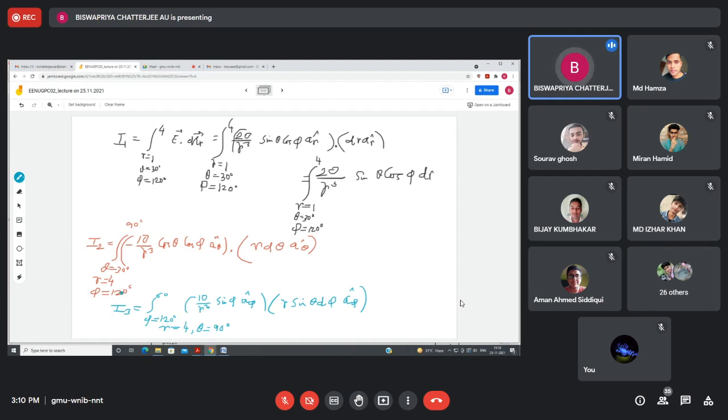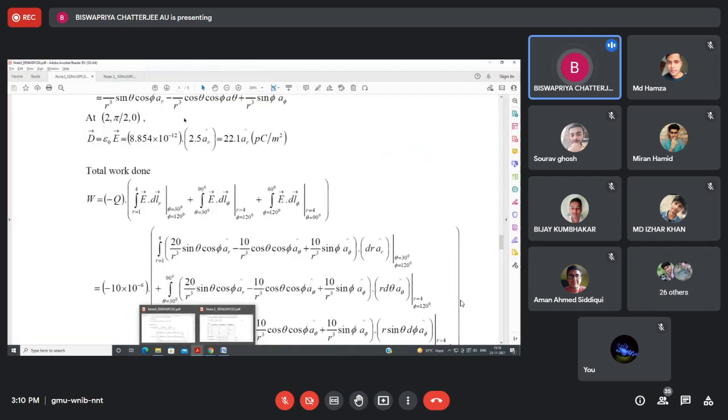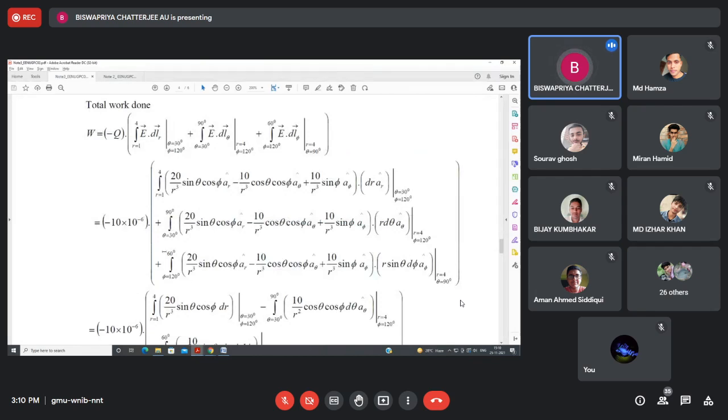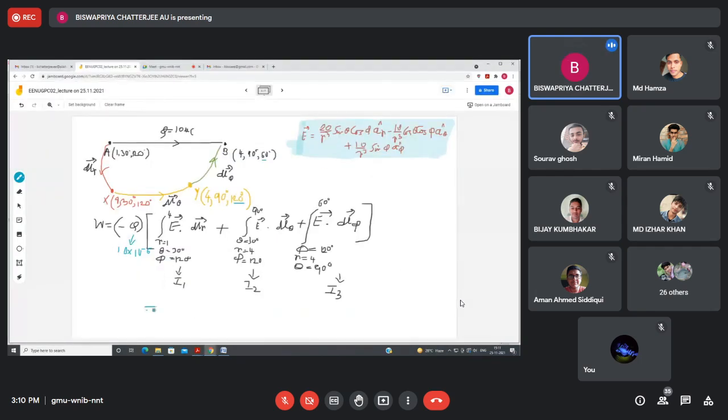So if you integrate these three and then multiply by the 10 microcoulomb, your final answer will come: 28.125 microjoule. You see, everything has been done here.